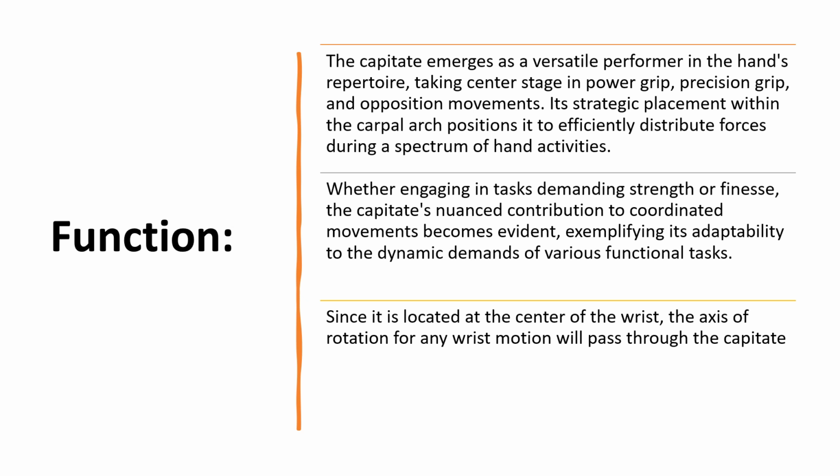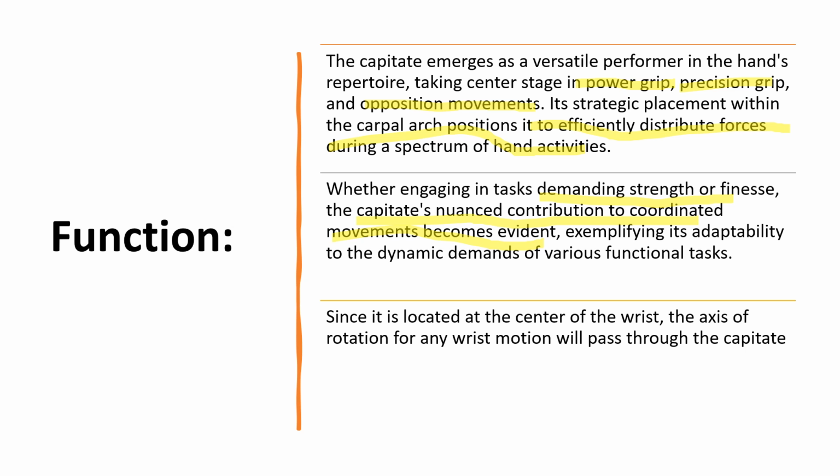When we talk about the function, the capitate emerges as a versatile performer in the hand, taking center stage. It helps in power gripping, precision gripping, and opposition movements. Its strategic placement within the carpal arch positions it to efficiently distribute forces during a spectrum of hand activities, whether engaging in tasks demanding strength or finesse.